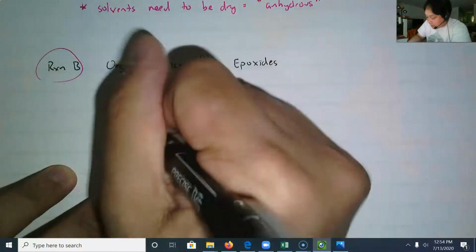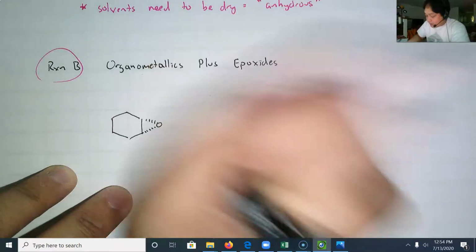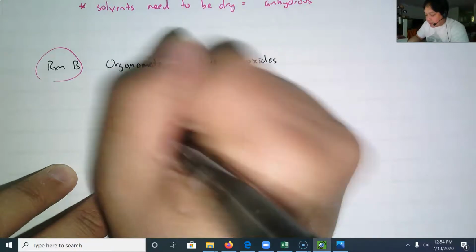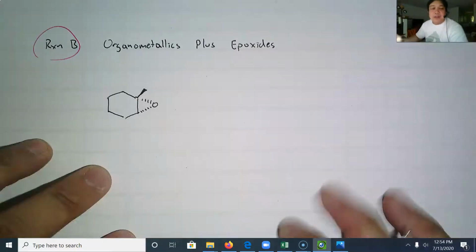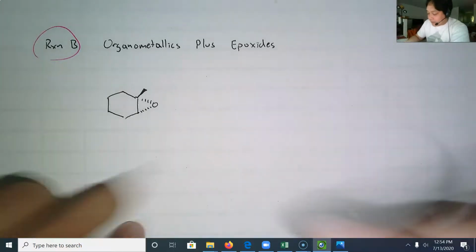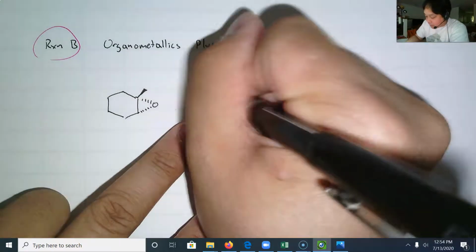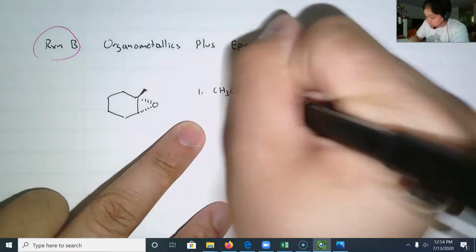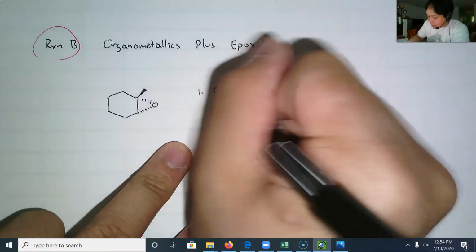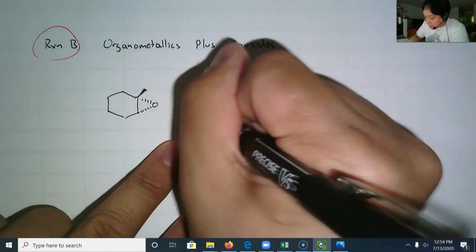The classic epoxide to use is typically one with a ring and one that is not symmetrical, because we're going to be concerned about the regioselectivity and the stereoselectivity. Let me give you a simple Grignard reagent. Let's say we have CH3CH2MgBr. I'll start mixing it up. I probably want to give you more examples with lithium as well. Number 2, acid.